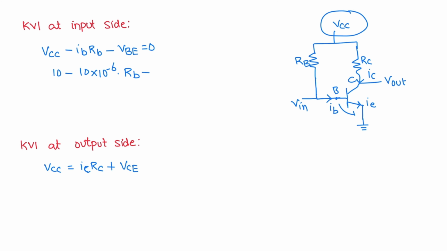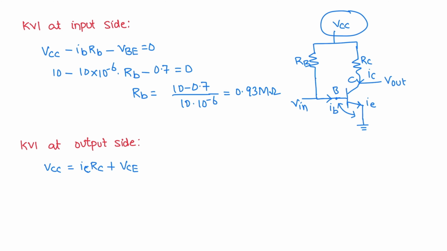This base emitter voltage is 0.7 volts, and the expression is equal to 0. Now base resistance RB is equal to (10 minus 0.7) by 10 power minus 6. Its value is 0.93 mega ohms.